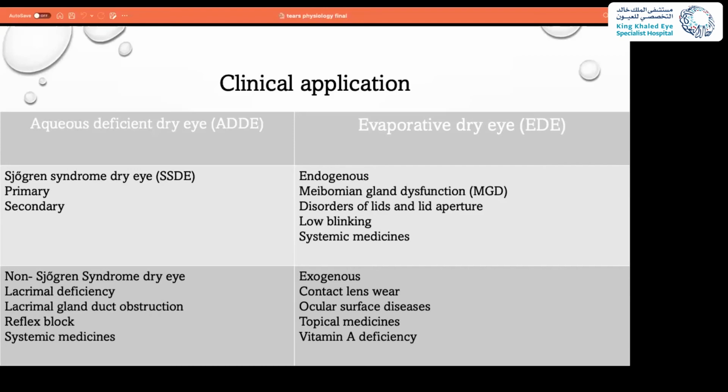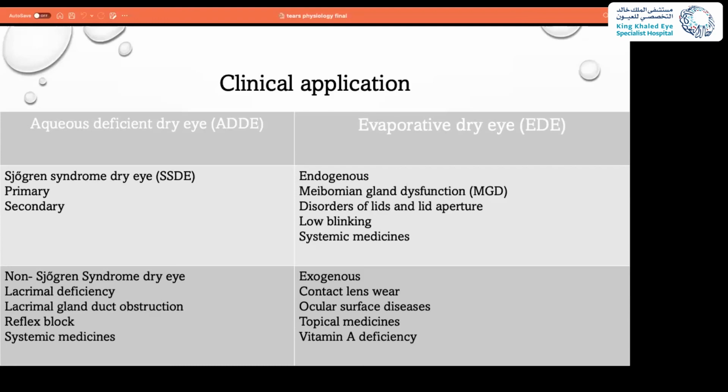Regarding the evaporative type of dry eye, there might be endogenous reasons, as we mentioned before: GI diseases, pancreatic diseases, diabetes, or alcoholic patients which affect the lipid absorption, meibomian gland dysfunction, disorder of lids and lid aperture, low blinking, either by neurologic diseases or due to excessive use of iPad or excessive reading.